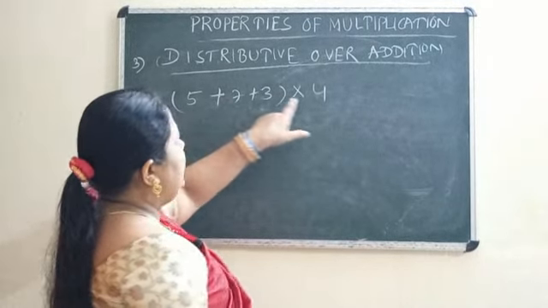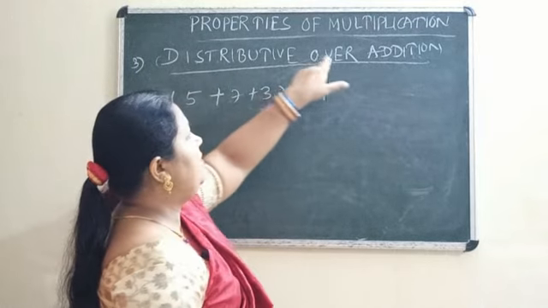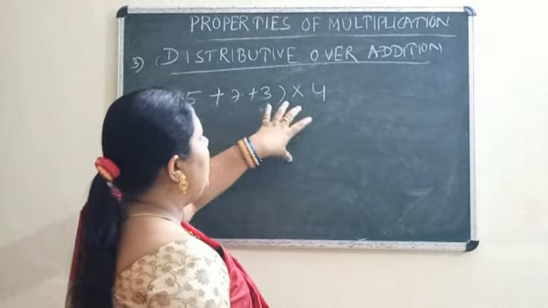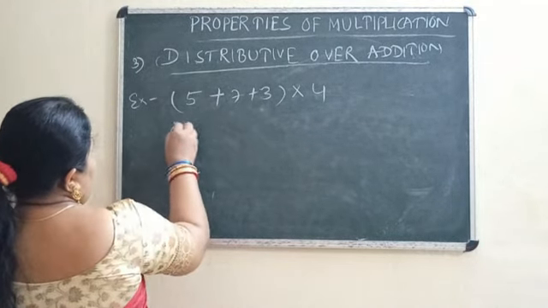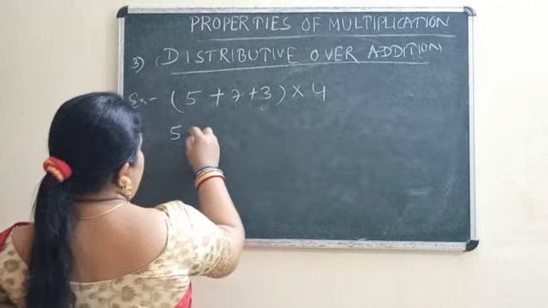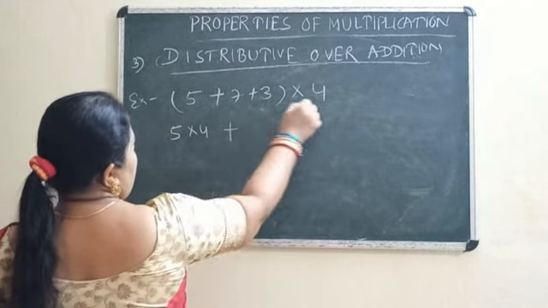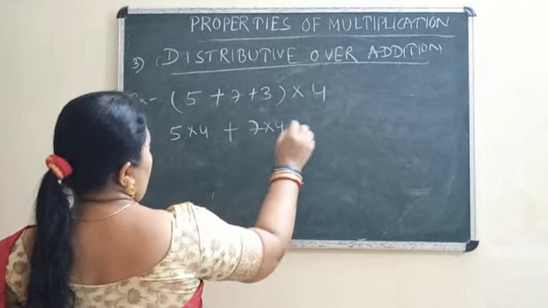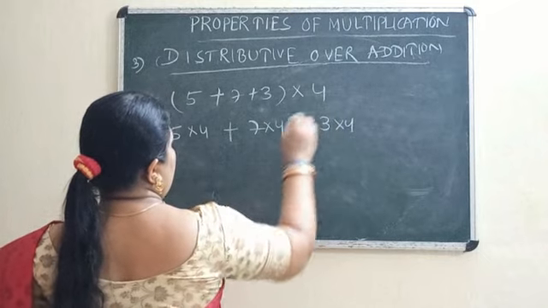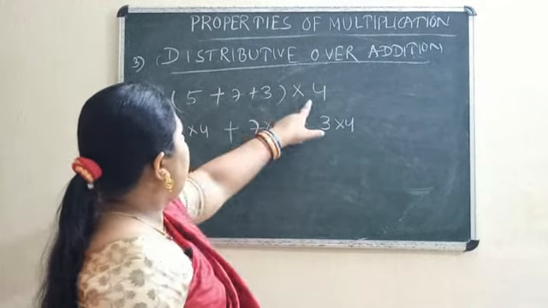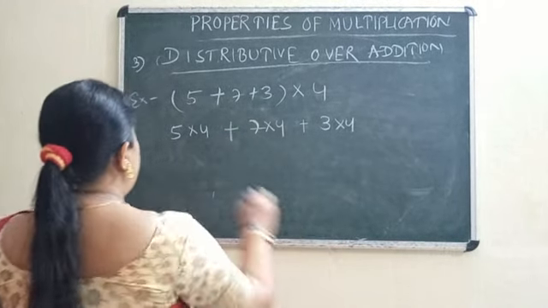See, here addition, here multiplication. We are going to discuss this property, distributive over addition. How to distribute over addition? You can multiply 5 into 4 plus 7 into 4 plus 3 into 4. Each number you can separately multiply and then add.